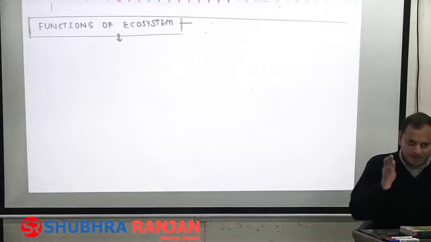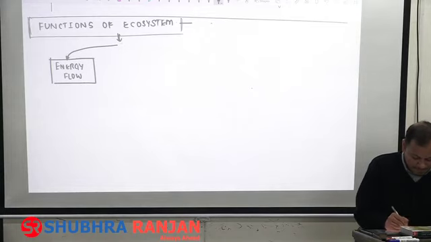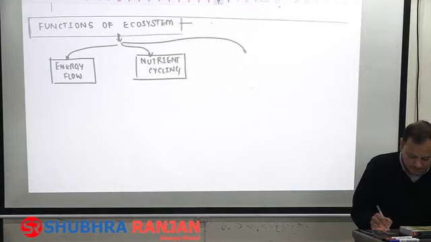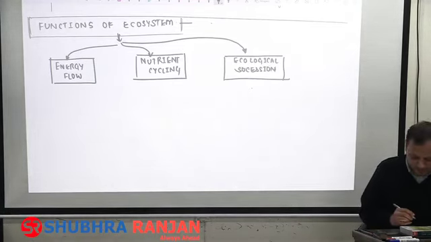So we are saying that in the functions of an ecosystem there are 3 important functions: energy flow, nutrient cycling, and the third function is ecological succession.